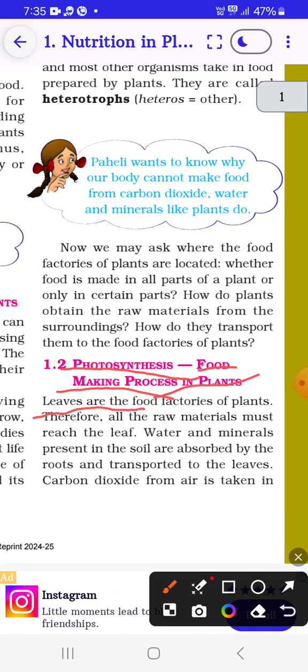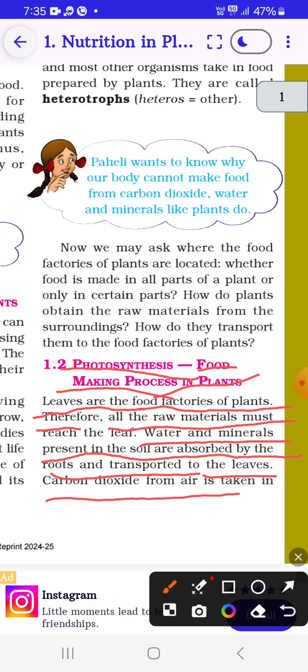Leaves are the food factories of the plants. Therefore, all the raw materials must reach the leaf. Water and minerals present in the soil are absorbed by roots and transported to the leaves. Carbon dioxide from air is taken in.